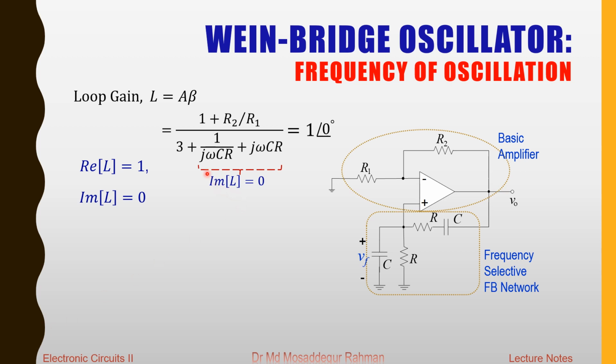So first you can equate this. This is the imaginary part of the loop gain, and this has to be 0 if the phase angle has to be 0.